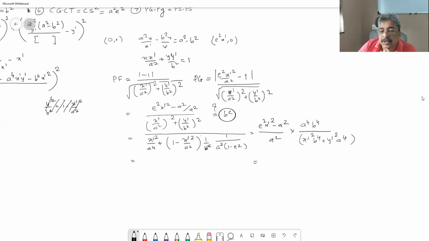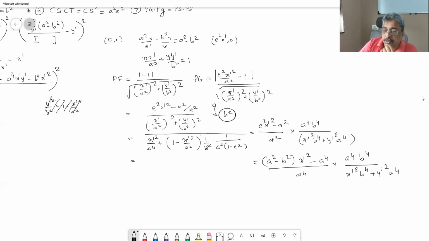Now we should replace e square. I would like to replace e square by a square minus b square upon a square. So multiplied by x dash square upon a square, which I clear, so minus a fourth upon a fourth into a fourth b fourth upon x dash square b fourth plus y dash square a fourth.